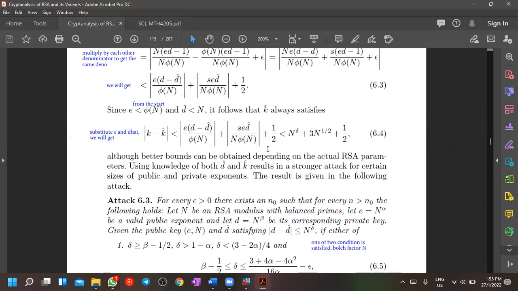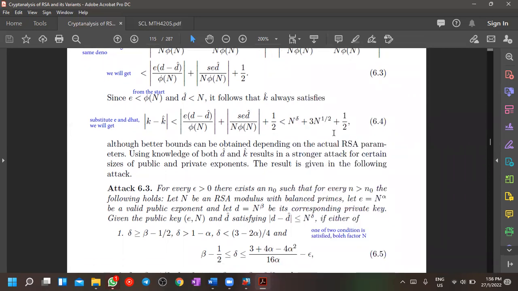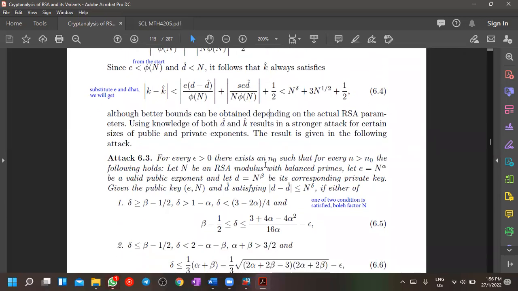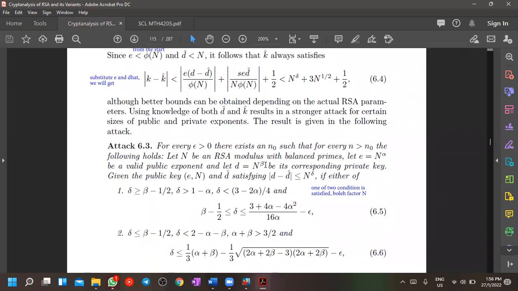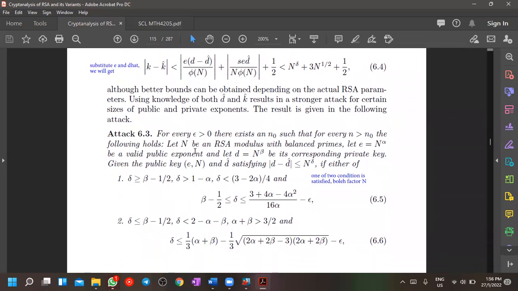Okay, so although beta bounds can be obtained depending on the actual RSA parameters, using knowledge of both d hat and k hat results in a stronger attack for certain sizes of public and private exponents. So the first attack that we use, the result is where for every positive epsilon, there exists an n naught such that for every n greater than n naught, the following holds.